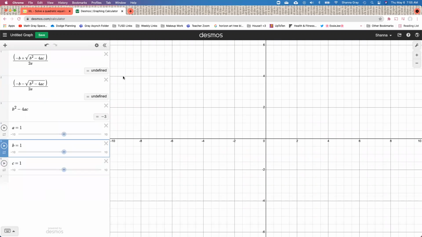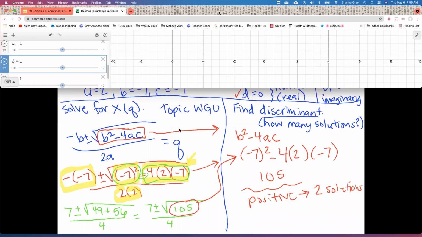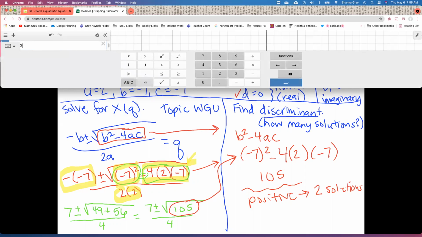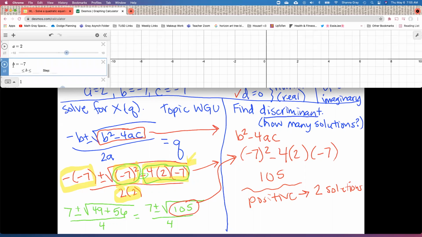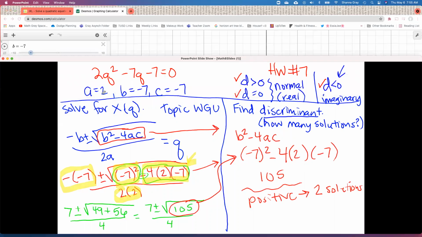So if I put in a, b, and c, let's type those in based on what we had here, right? So A was 2. B was -7. And C was also -7, right? So that was based on these numbers that we did here. A was 2, -7, and -7.